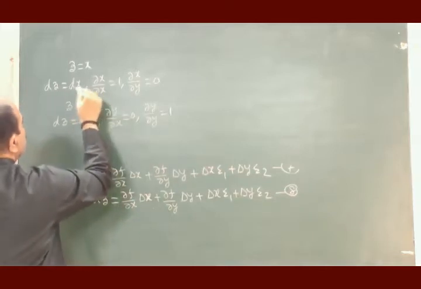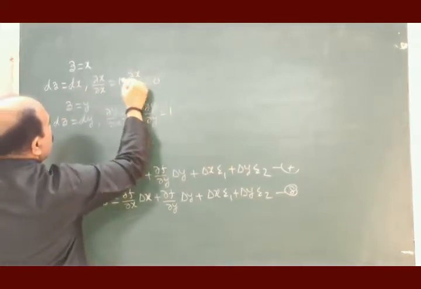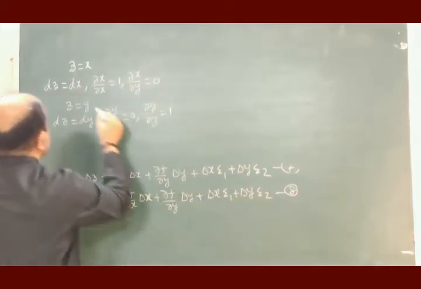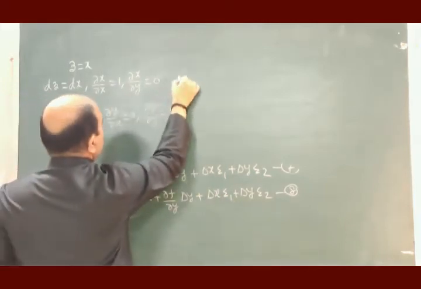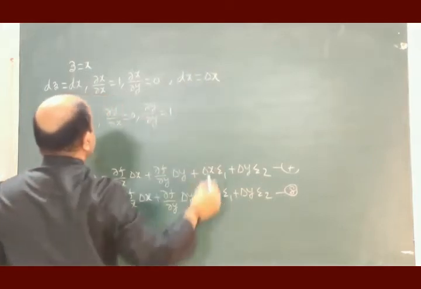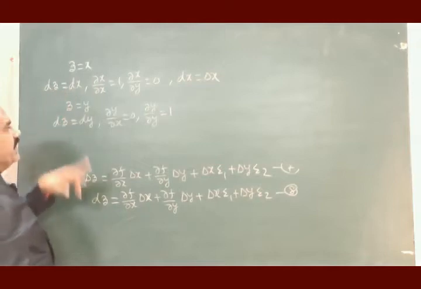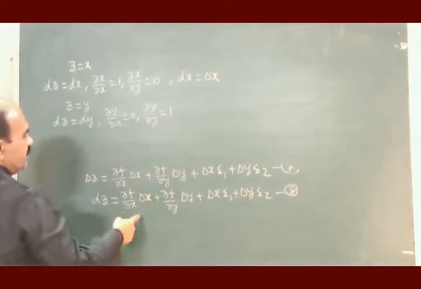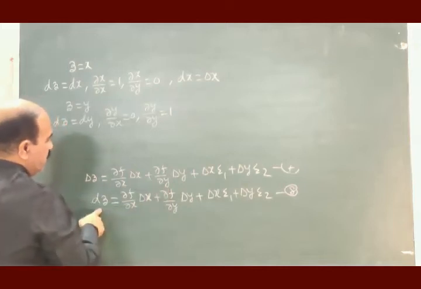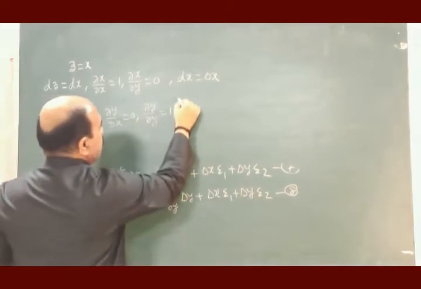So here, with this going to 0, you will simply have dx is equal to delta x, and therefore dz is equal to dx, and in this case it is going to become 0, it is 1. So dy is equal to delta y.